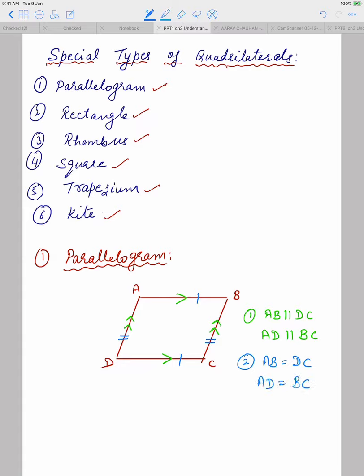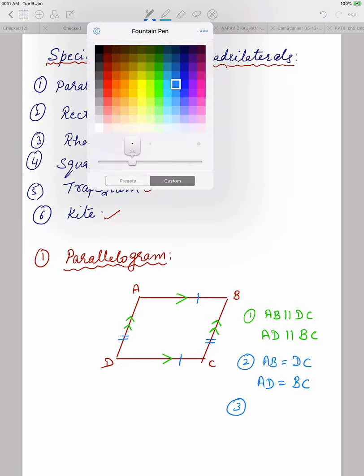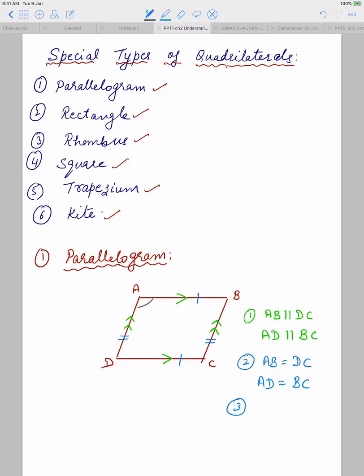And the third point is that the opposite angles, if you look at the angles, this is angle A, this is angle C, they are equal, and angle B is opposite to angle D, they are also equal. So angle A is equal to angle C and angle B is equal to angle D. So opposite angles of a parallelogram are equal.